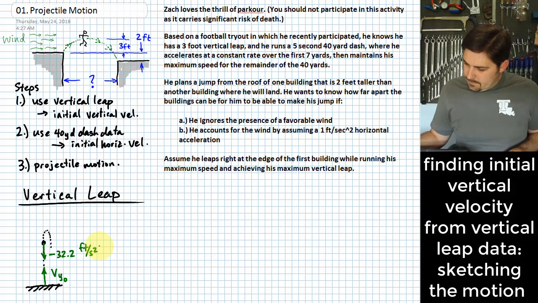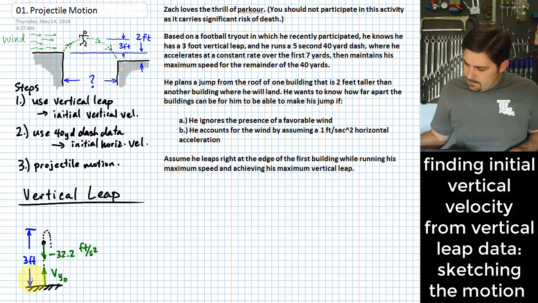We didn't say this was on the Earth, but we can probably make that assumption. What we know is that when he does this leap, he gets a 3-foot vertical, which means 3 feet from where he starts to where he ends up.